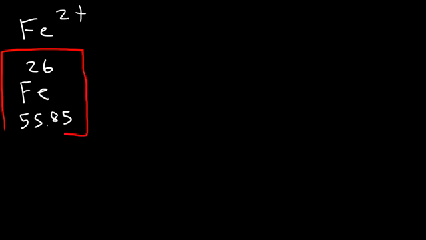So an atom of iron metal has 26 electrons. What about an ion of Fe? Because the charge is plus 2, that means the atom lost 2 electrons. So therefore, the Fe2+ ion has 24 electrons. It has 2 less than this number. So we're going to write the electron configuration based on the number 24.